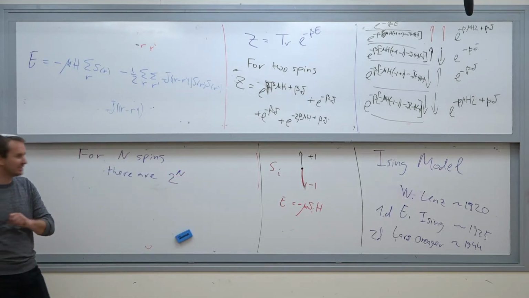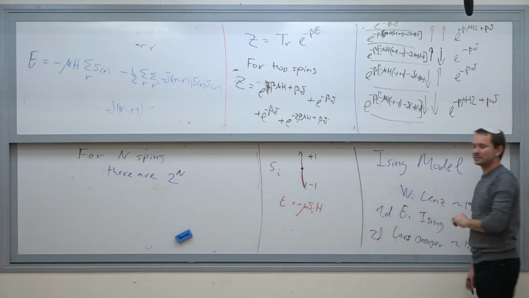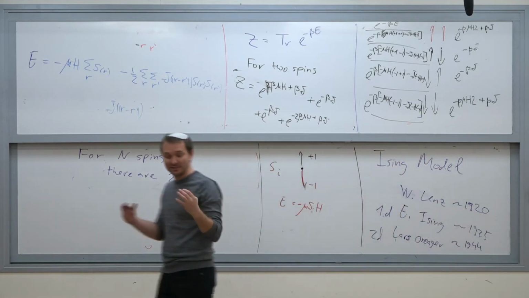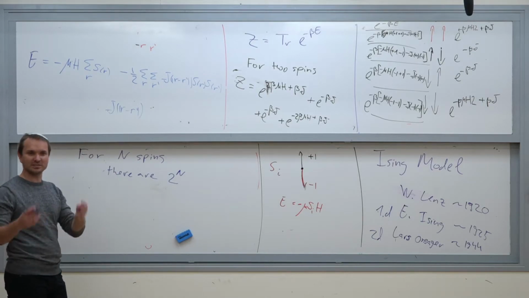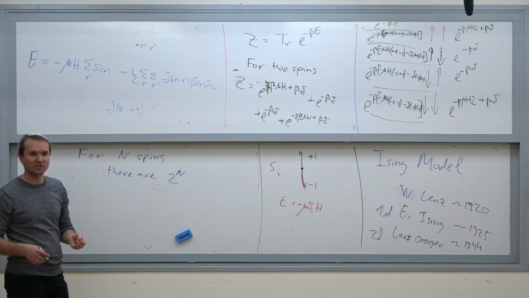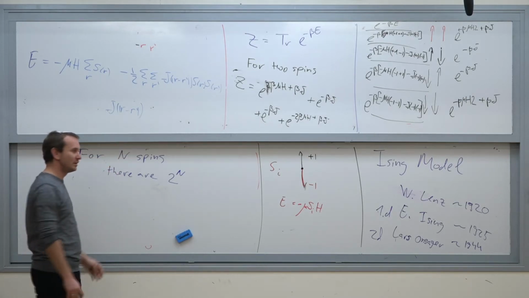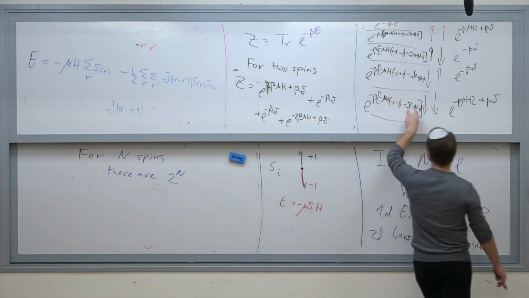For each eigenstate, I have to compute its specific Boltzmann factor, and then I have to sum everything up, and only then can I start to understand something. I can take a derivative of it, etc. So this is the partition function. But this is a huge sum, and it's really complicated because I have to take everything into account.